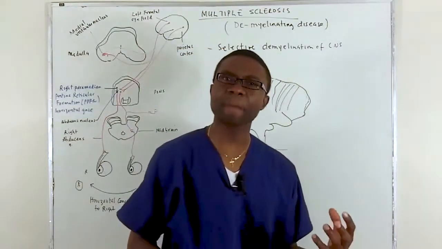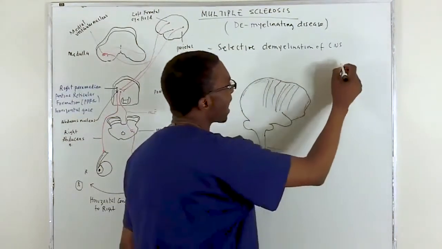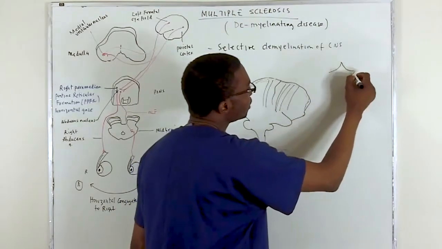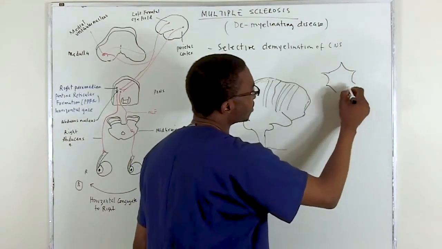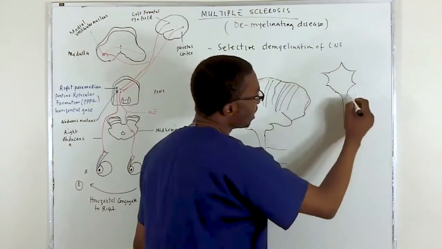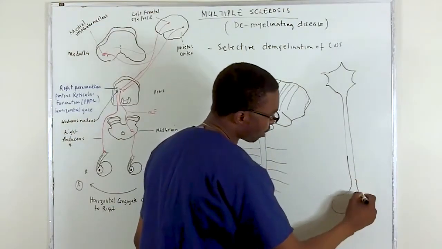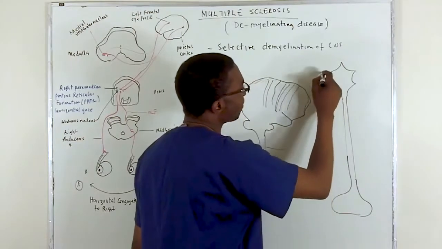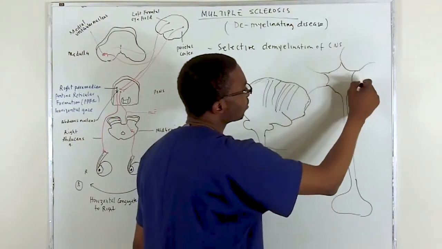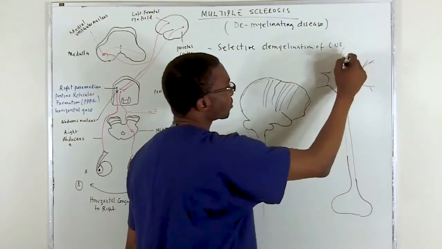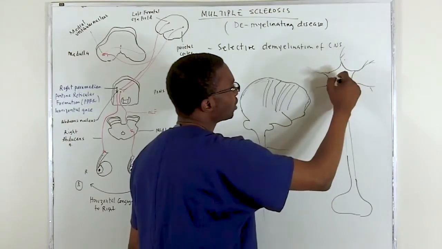Well, what is this gray matter? The gray matter is actually the cell bodies of neurons. Really? That's very true. The cell bodies of neurons that have dendrites, see that? Those are dendrites. And this is a neuron with a nucleus.